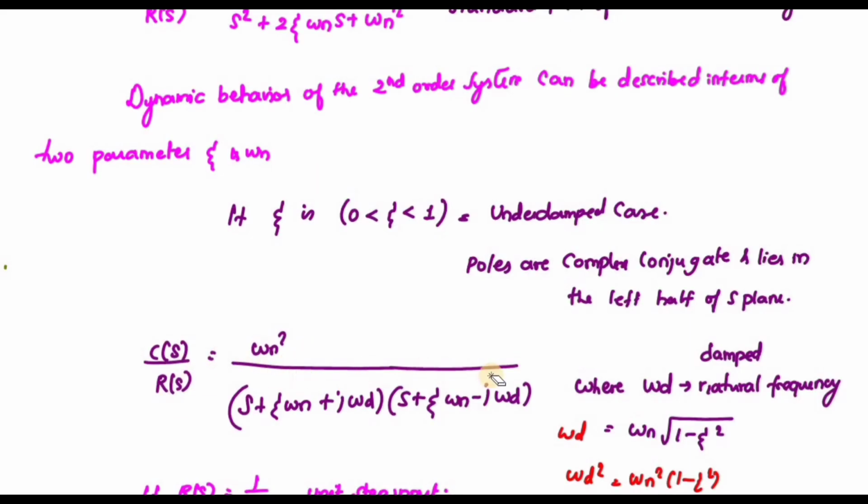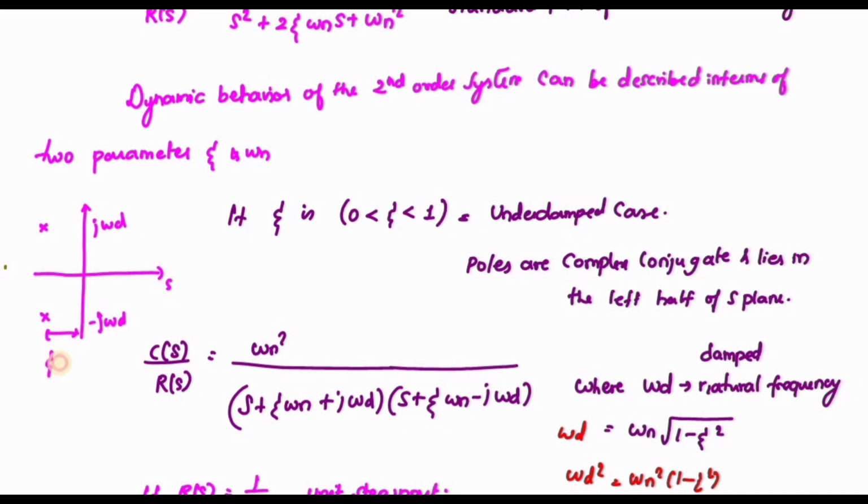Now, since the poles are complex conjugate, they should lie in the left half of the s plane. You can see s equals minus damping factor into omega n minus j omega d, plus j omega d.